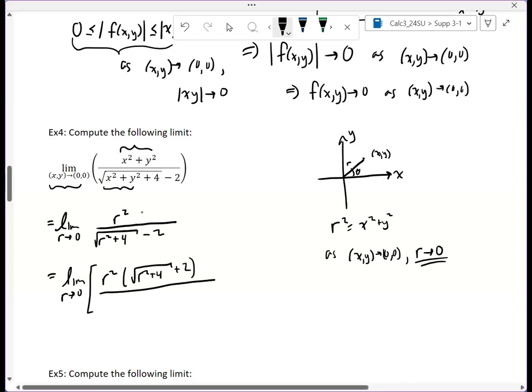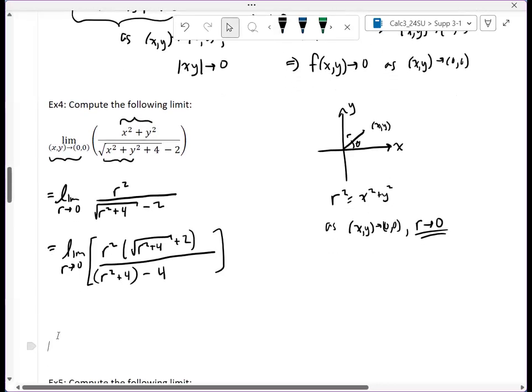And then in the denominator, I have a difference of 2 squares. I have square root of r squared plus 4 squared is just r squared plus 4, and then minus 2 squared, minus 4. I notice that my plus 4 and minus 4 cancel out, and my r squareds then divide out.